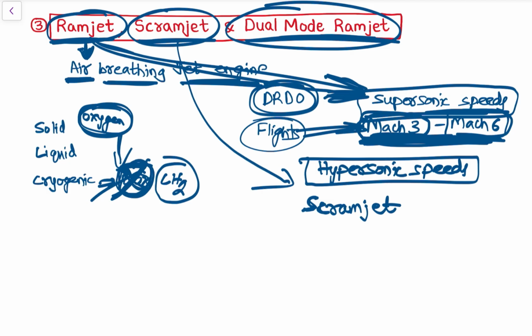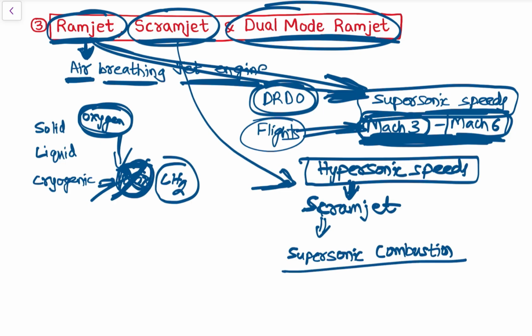So improvement over the ramjet engine as it efficiently operates at hypersonic speeds. So scramjet can operate at hypersonic speeds and allows supersonic combustion. So basically scramjet allows supersonic combustion at hypersonic speeds. So this is called that scramjet is nothing but supersonic combustion ramjet.